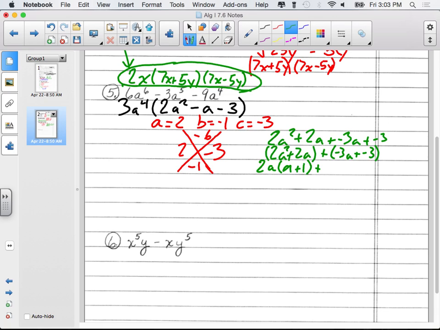We can take out a -3, and what are we left with? a plus 1. Now that we've got this far, they both have a common factor, and what do we do with those? We take it out in front, and what do we have left over? 2a minus 3.